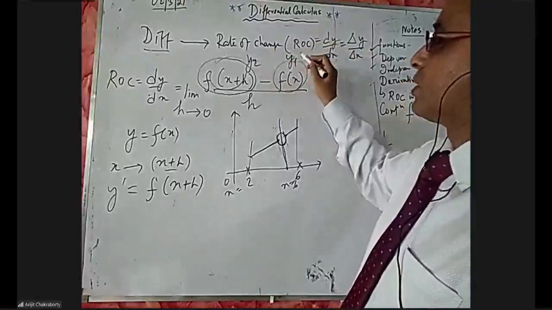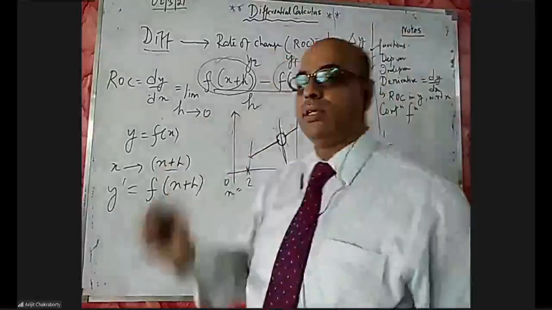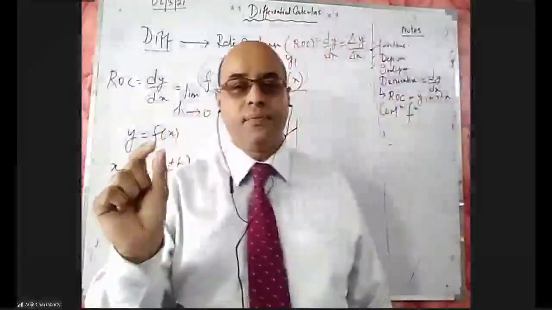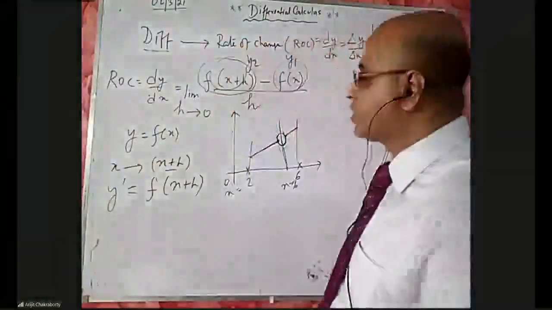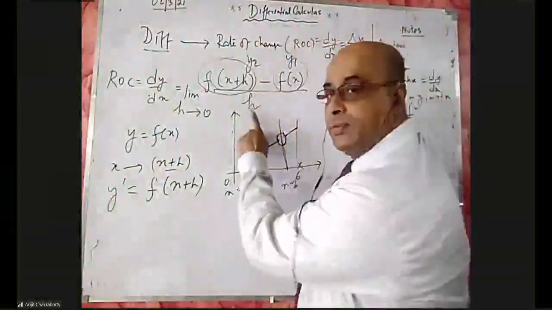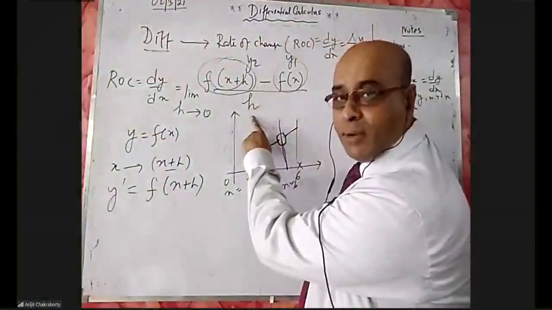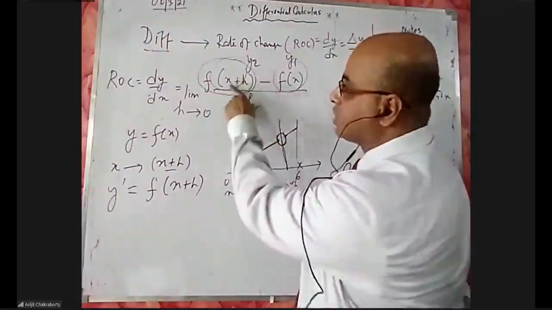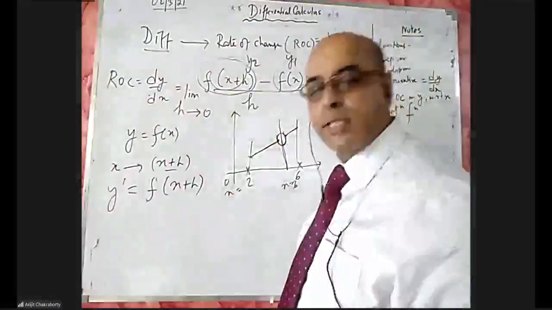So y2 minus y1 divided by h, which is the small amount. That means with respect to a small change in the independent variable, what is the change in the dependent variable? That is what we're finding out.